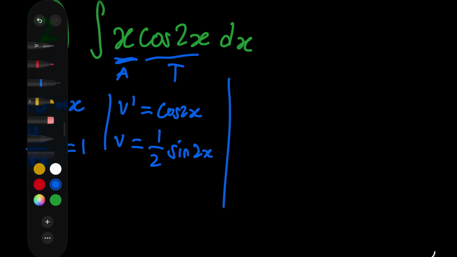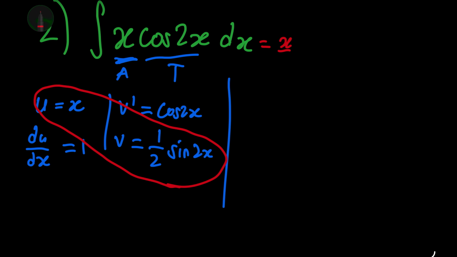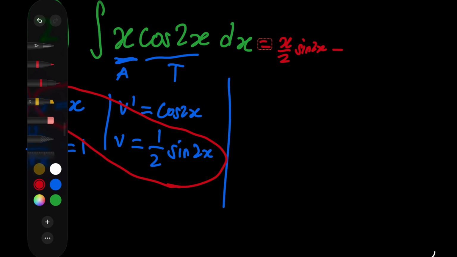Now again, we do crisscross applesauce with this, so I'll use the red for crisscross applesauce. So first of all, we need to do uv. So this is equal to x over 2 sine 2x minus, and then I'll use yellow for the next crisscross.